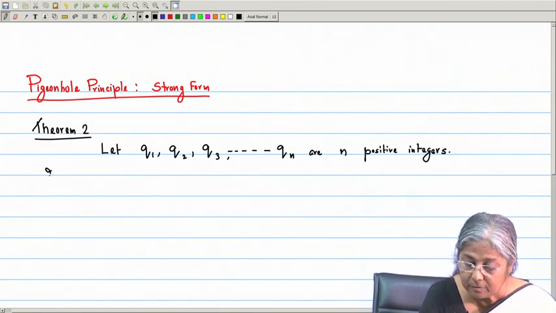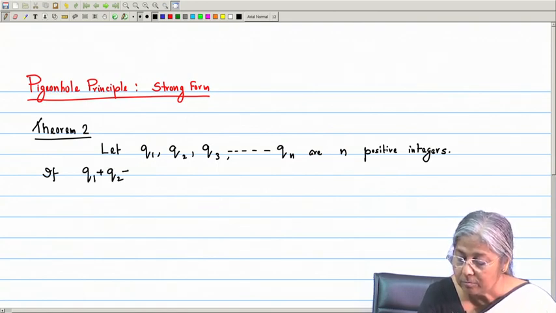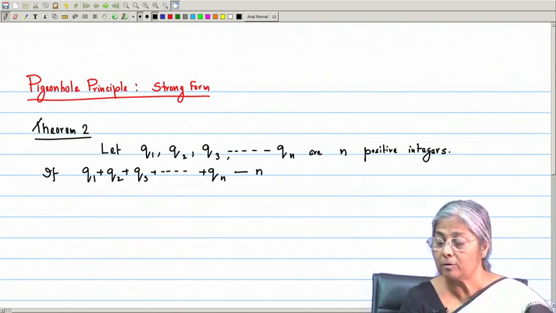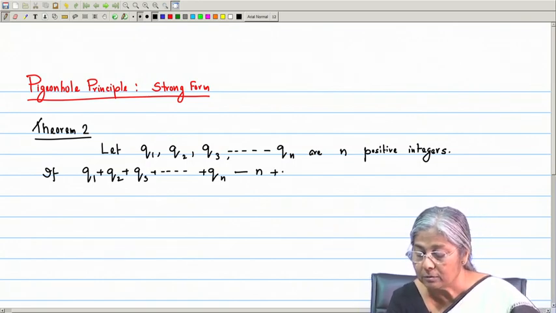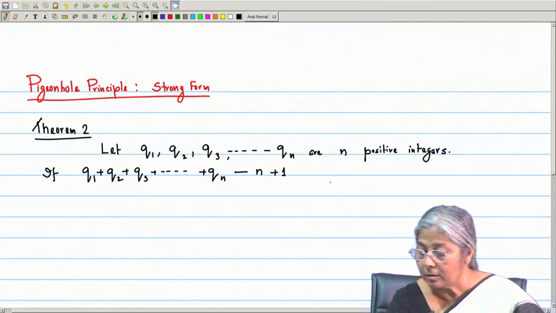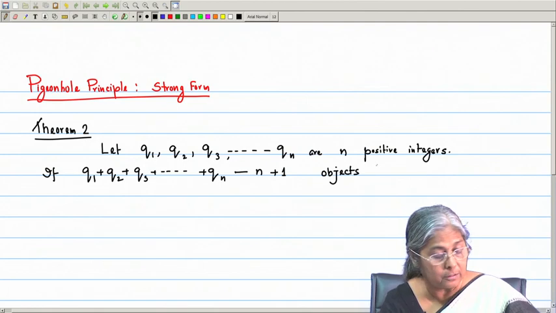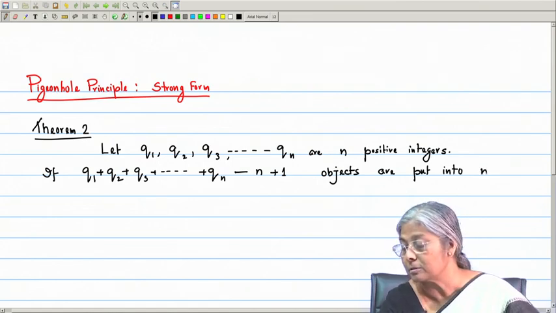If the total number of objects, say q1 plus q2 plus q3 up to qn, minus n, since I have taken n positive integers, plus 1, this many objects are distributed or put into n boxes.